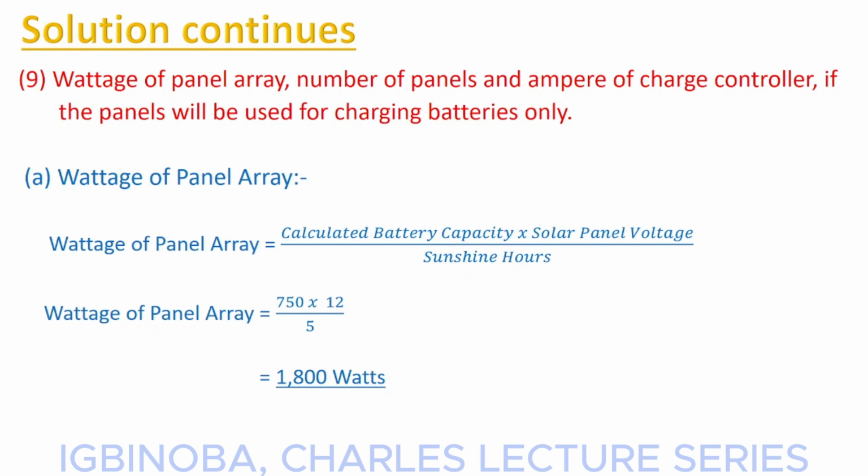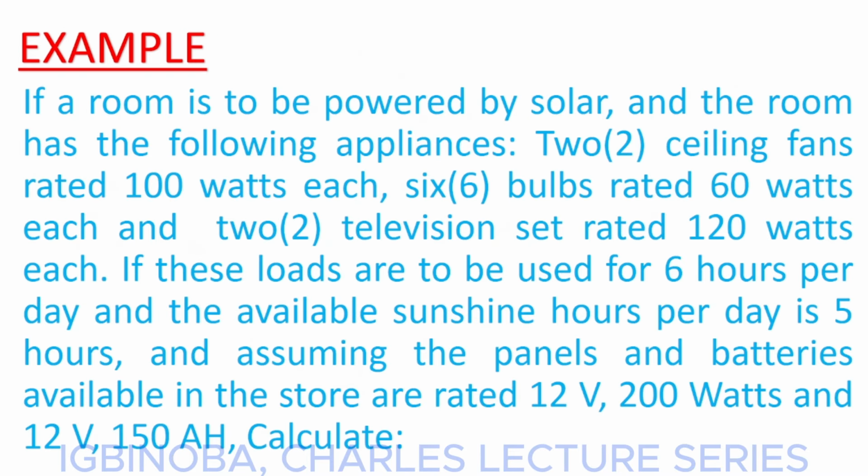And to do that, the wattage of panel array is equal to calculated battery capacity times solar panel voltage divided by sunshine hour. According to our question, our sunshine hour is equal to 5 hours per day.